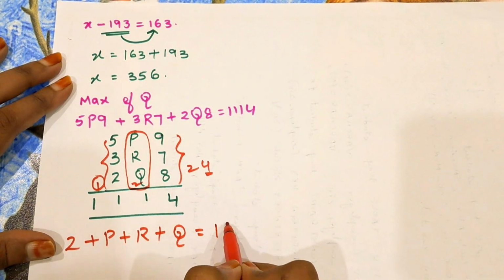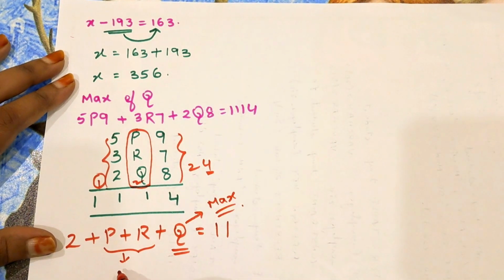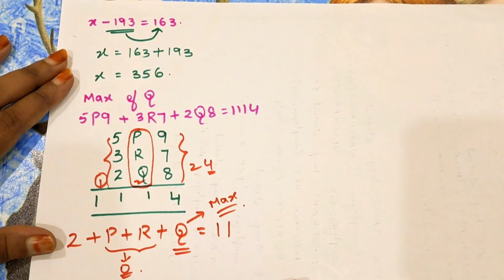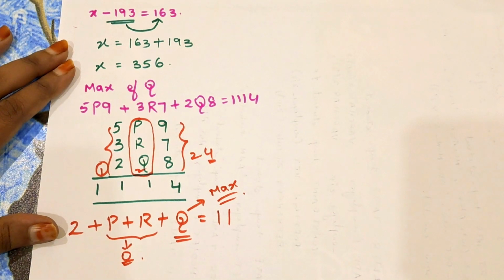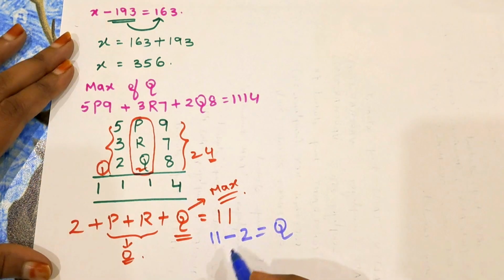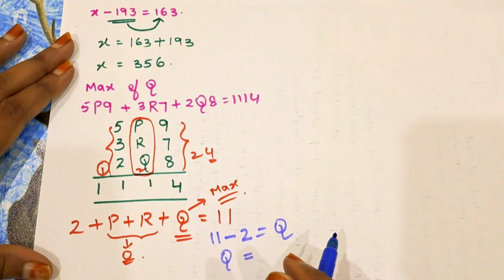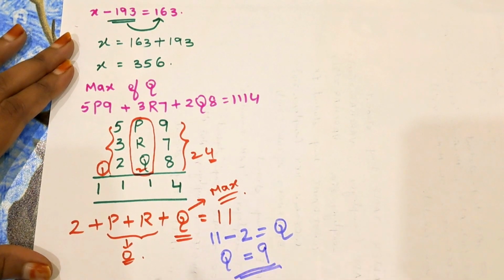And so, to find the maximum value of q, we need to take the values of p and r as 0. Then we need to send the plus 2 to the right hand side, it becomes minus 2. Then the value of q will be 9. So, this is the maximum value of q.